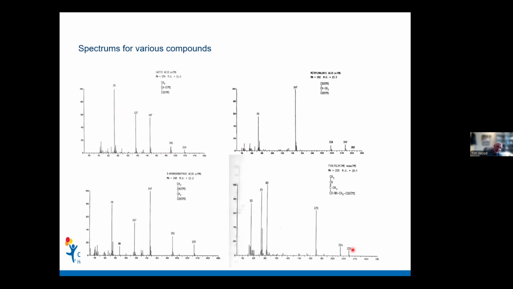But what a lot of times we do now is we attach a computer system to the GCMS system, and we ask the computer to try to match the profile that we're seeing in the patient sample with a known library, and then it'll give you a percent match. It's kind of convoluted how that works, but generally it's nice to use the computer to compare your patient sample with known standards if you can't remember all of these spectra.